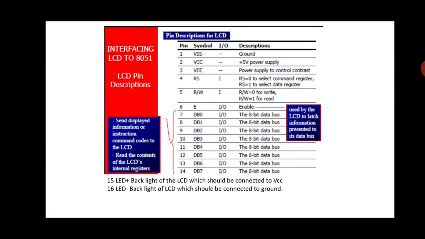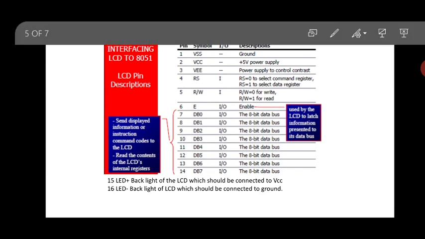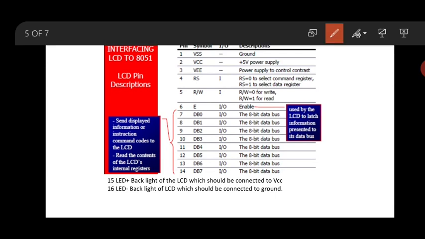Clearing is nothing but sending a command. I'll discuss the commands one by one. There is a command, XX, to clear the display unit, and we will be sending XX as a command.